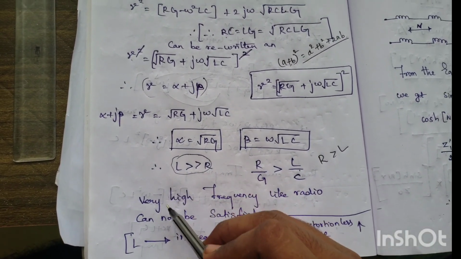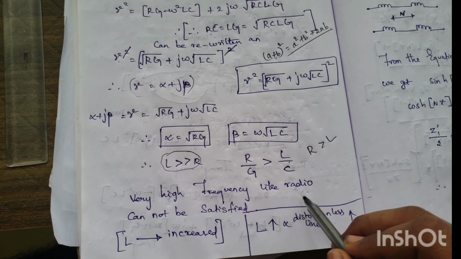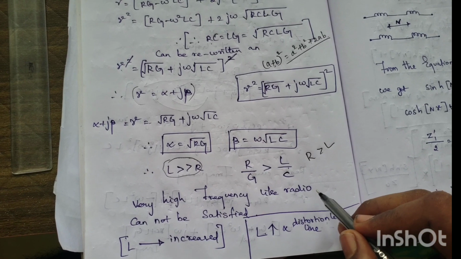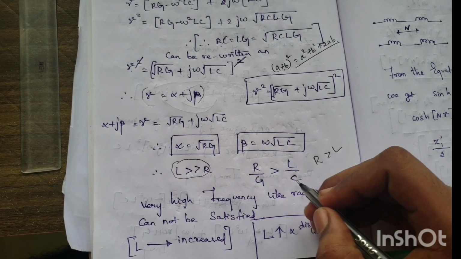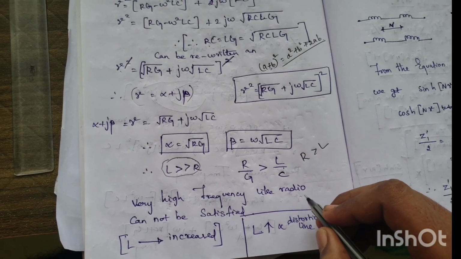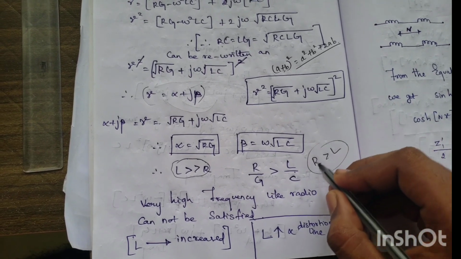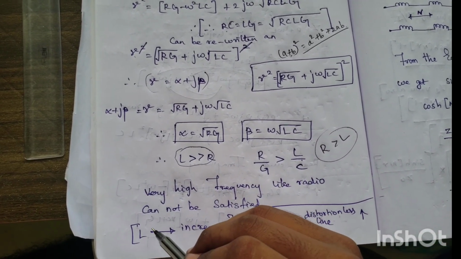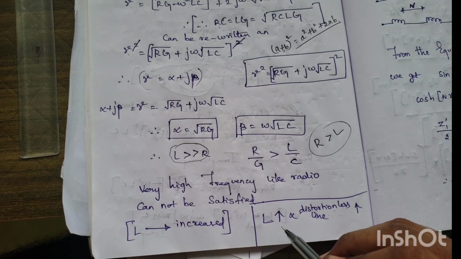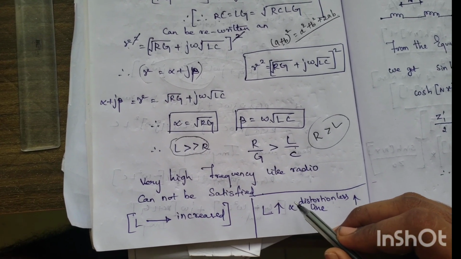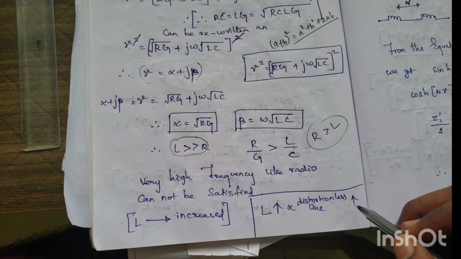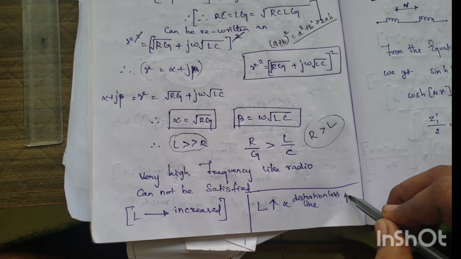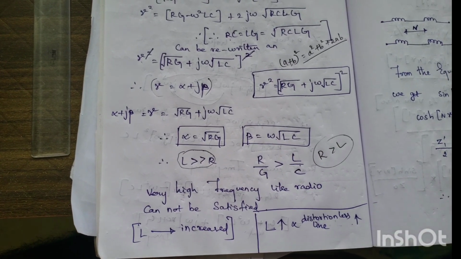Then at very high frequencies, like radio frequencies, the condition cannot be satisfied. And when the inductance is increased, the distortionless line condition improves. So we will consider this. Thank you.